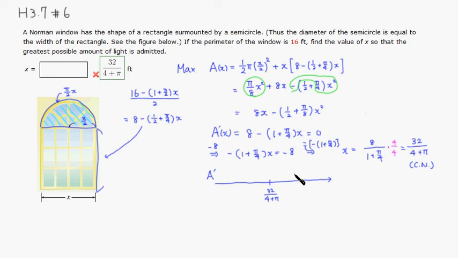And if you're subtracting something smaller, it's going to be positive here. So the area is increasing on this interval and after that decreasing. So we know that the maximum occurs at this point. Therefore, x equals 32 over 4 plus pi. That's it. I hope that this was clear.